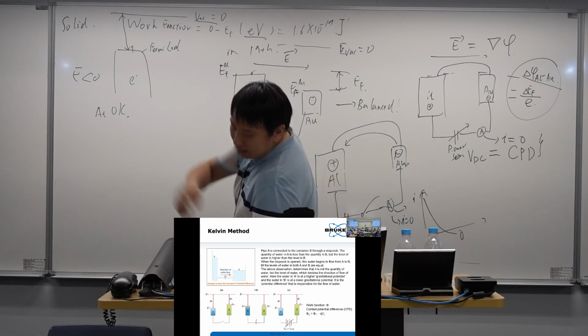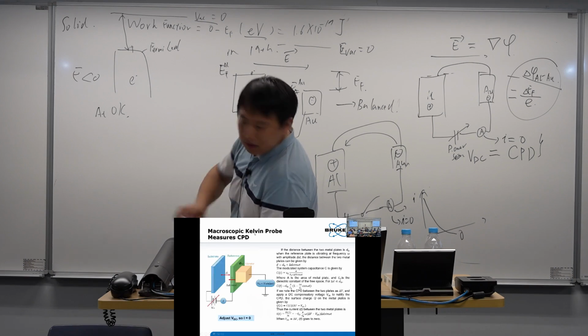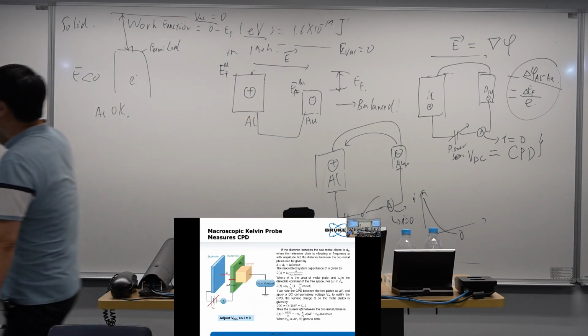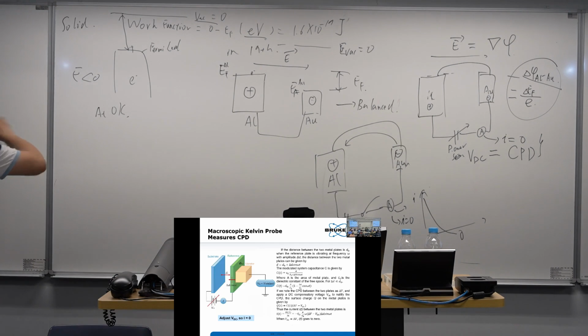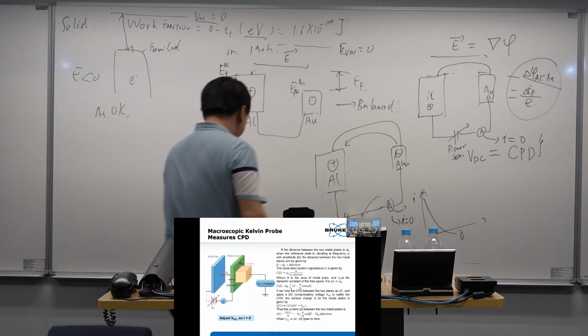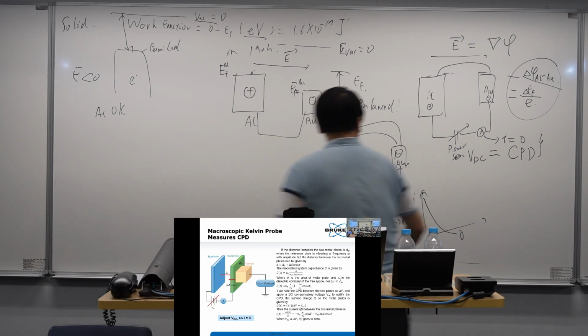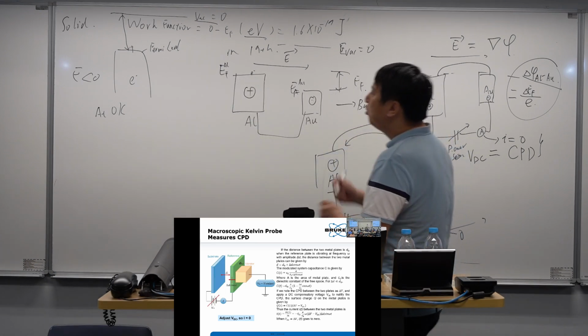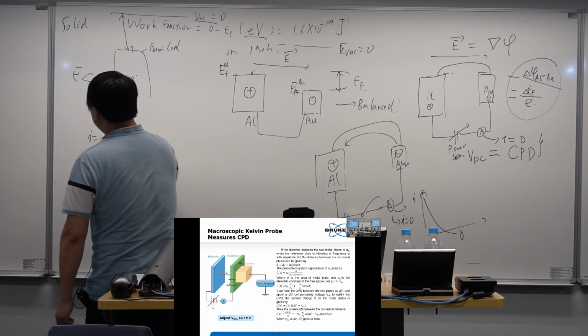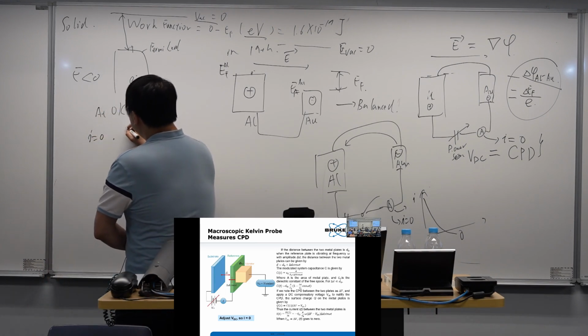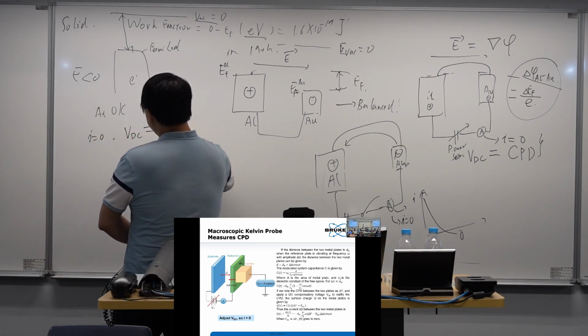Then some people came up with an idea of how to adjust this method to make the measurement more stable. The idea of Kelvin is you want the current to be 0, and then VDC equals CPD.